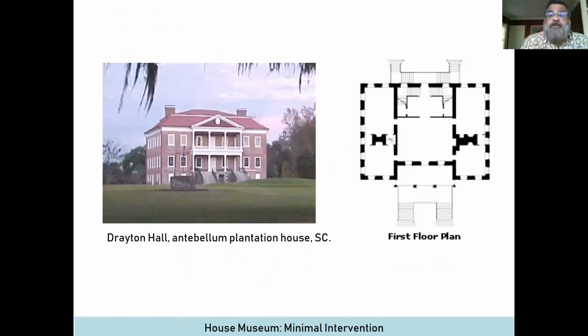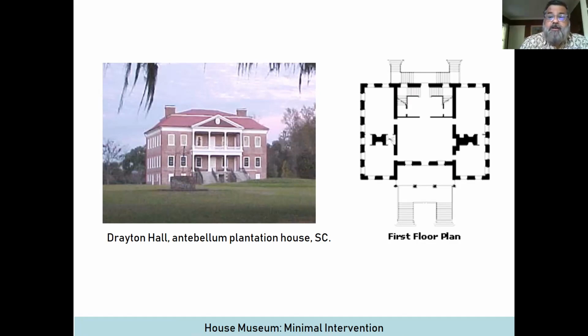So here's an example of the anti-scrape philosophy of adaptive reuse. You could say that I'm going to adaptively reuse a structure, but I'm going to do very little. I'm going to maintain the historic building in its present condition.